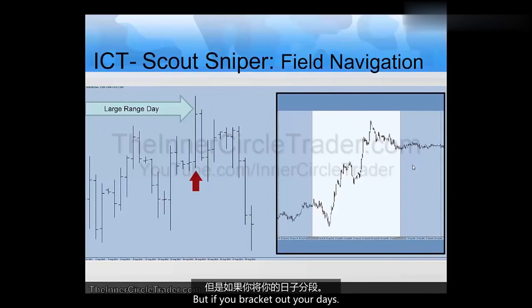But if you bracket out your days like this on an intraday basis, I think you'll start seeing a clear symmetry to the market that goes unnoticed by 99% of mentors, gurus, teachers, or even traders. This is the actual daily range that goes on every single day.